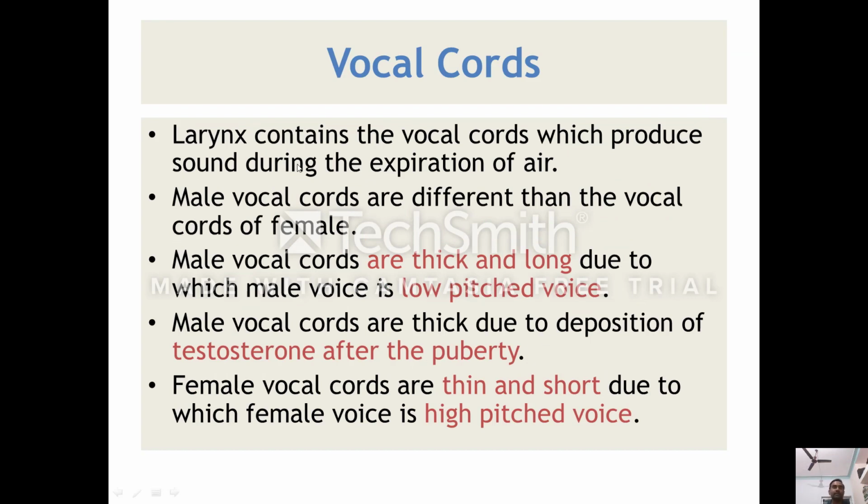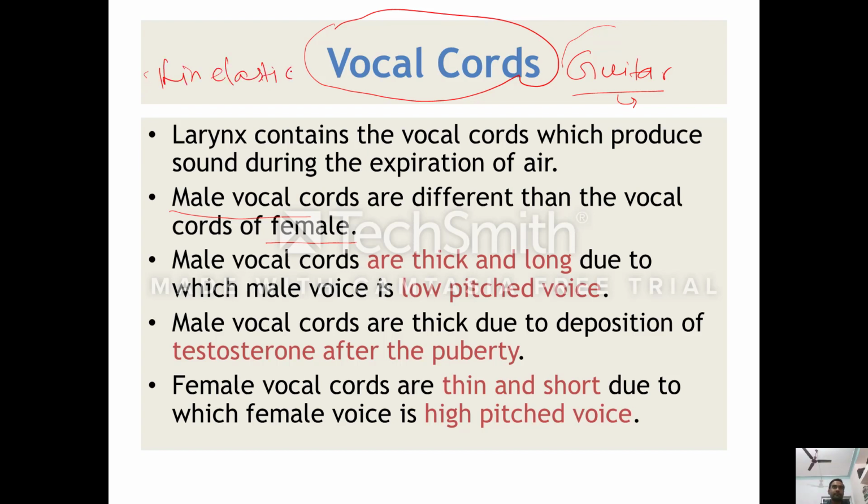The larynx produces sound, and this sound production is basically done by the vocal cords. The vocal cords are different in males and females. As a real-world example, think of a guitar string: the vocal cords are exactly like that, thin elastic fibers.